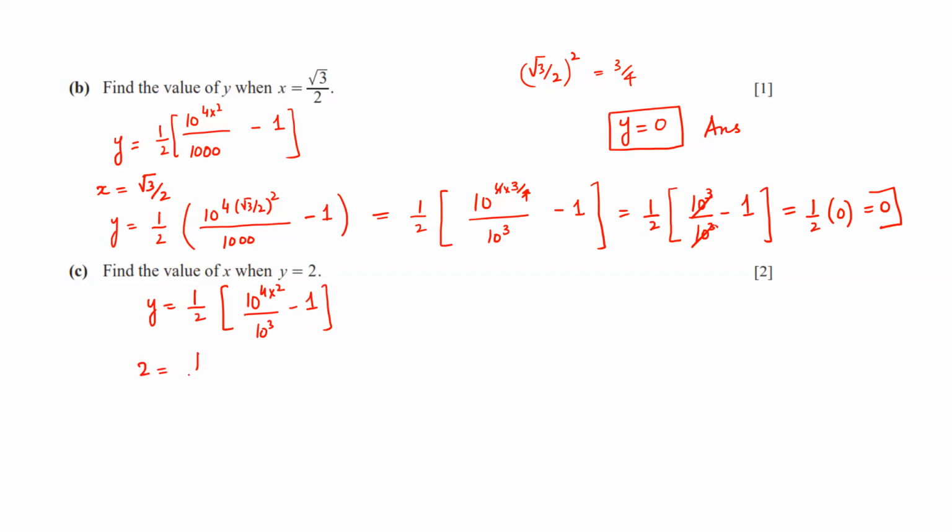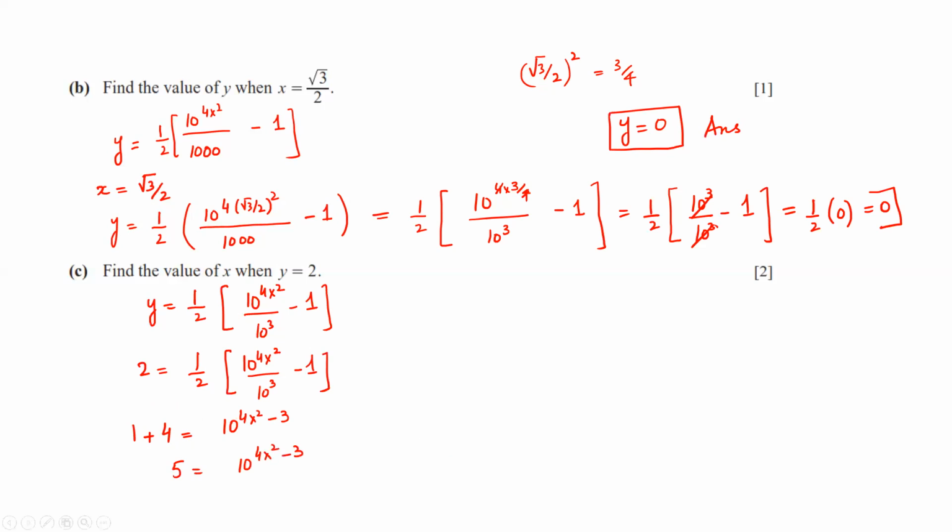So it becomes 4x square minus 3, and adding 1, 5 is equal to 10 power 4x square minus 3.